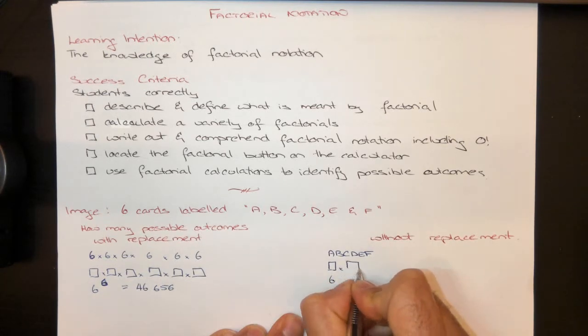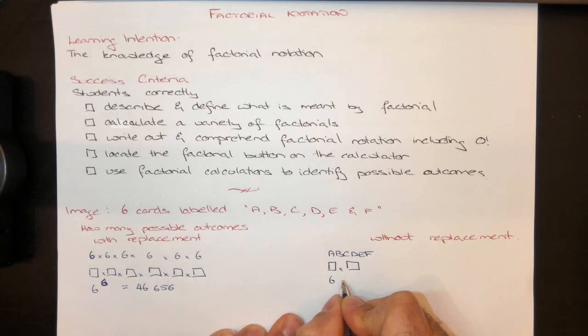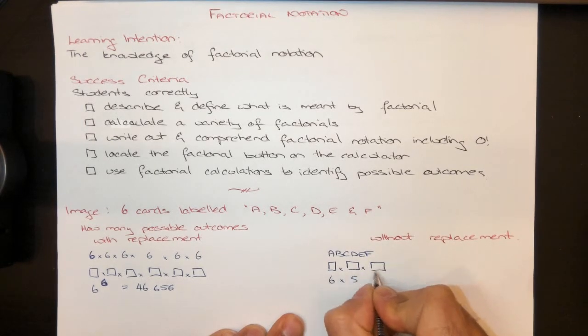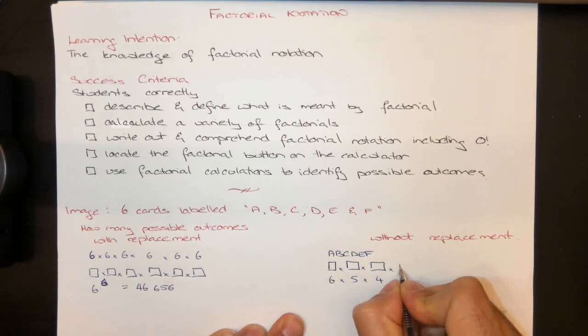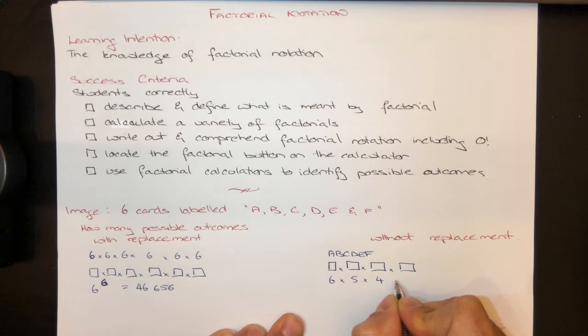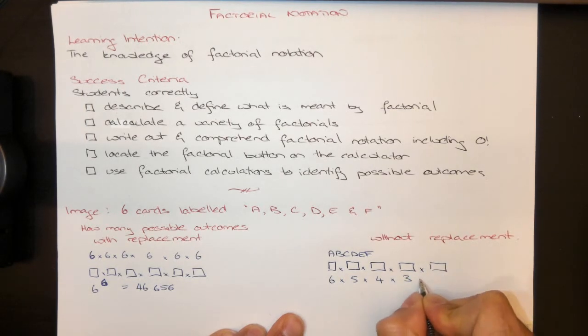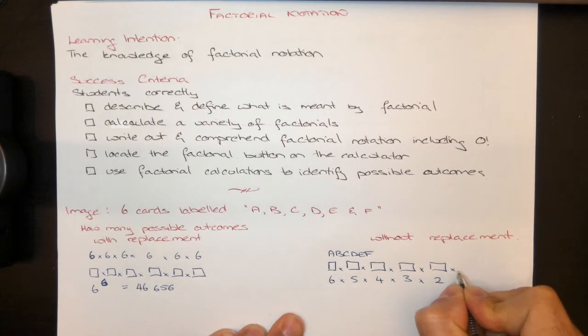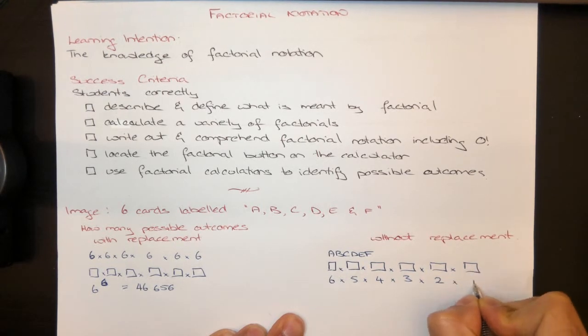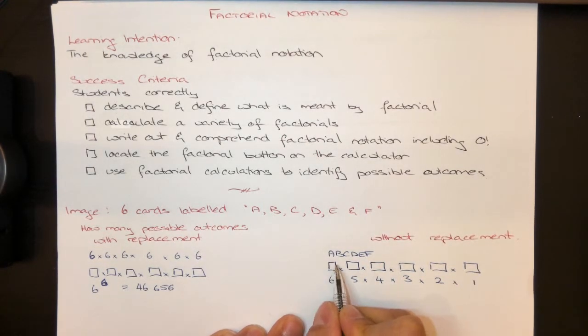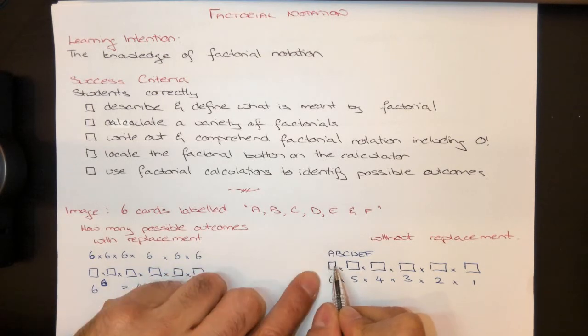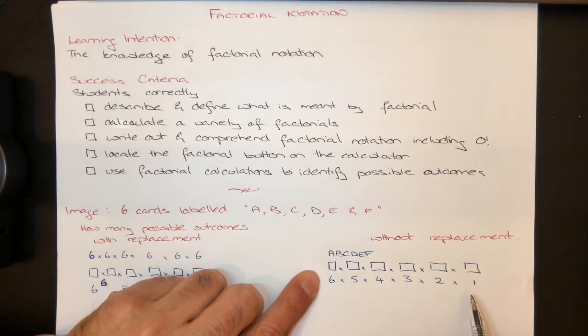Then there would be 5 possible outcomes for this one, 4 for this one, 3 for this one. And now I only have 2 letters left, and now I only have 1 letter left. If that was an A, then I couldn't have A again, so it reduces by 1.